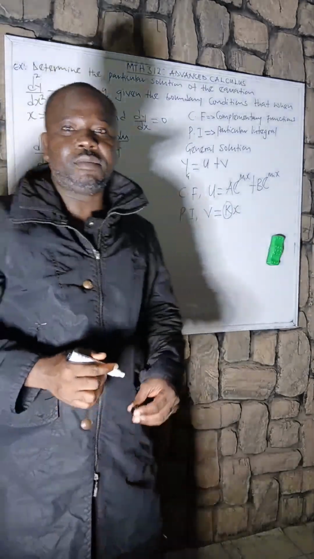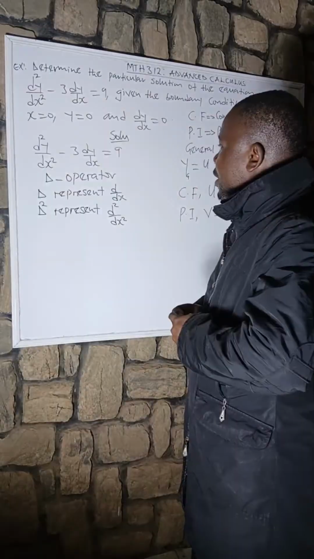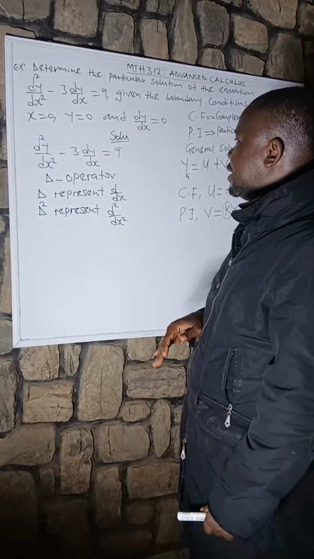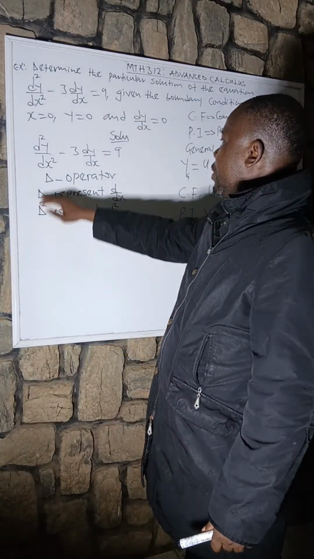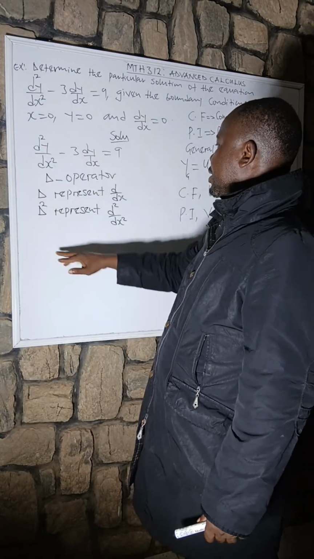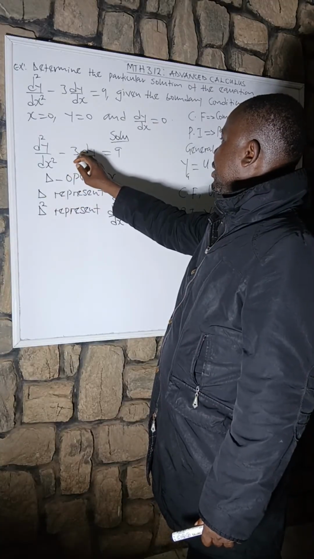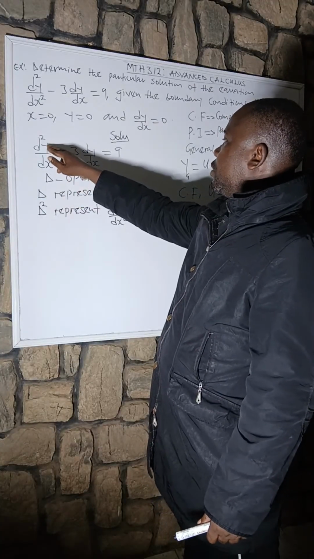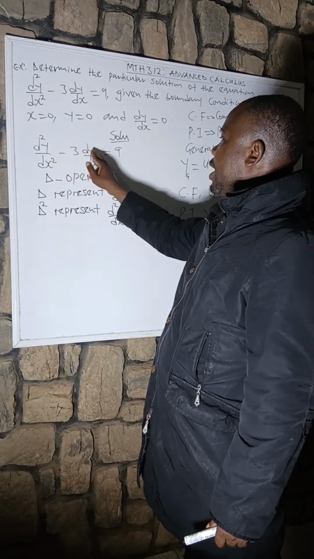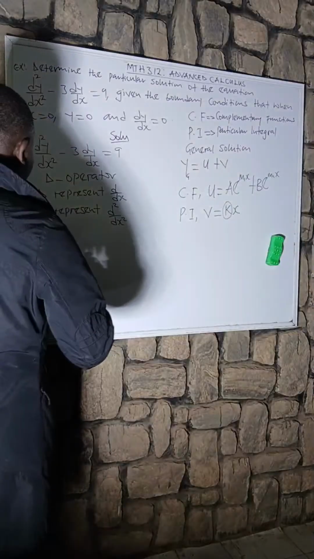Do you agree with me? If you agree with me, we substitute in D squared here, then we substitute in D here. But mind you, it has nothing to do with the y. Is that clear? This is how we put it in this form.